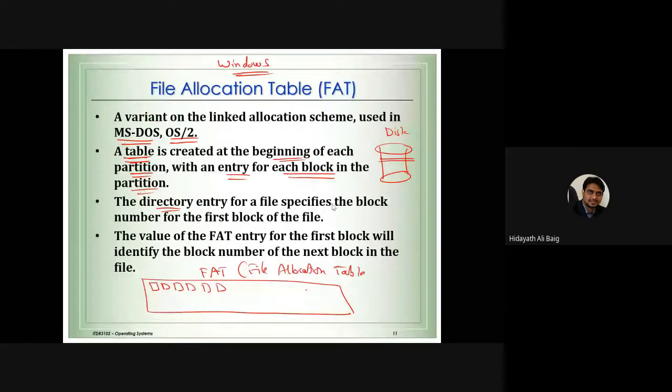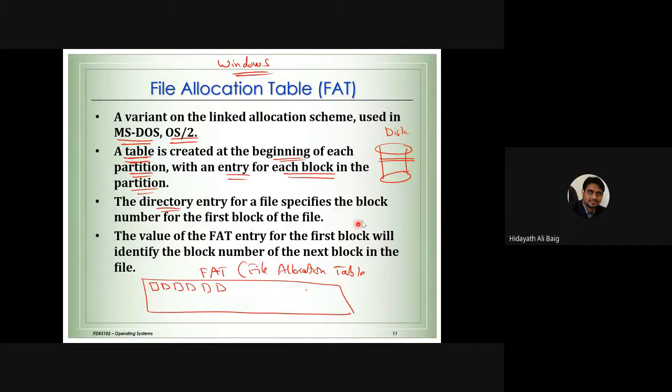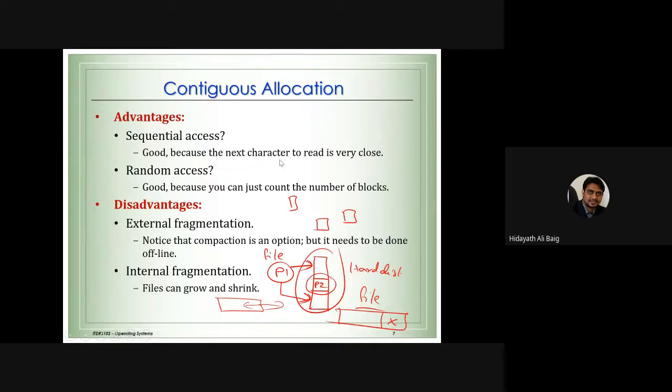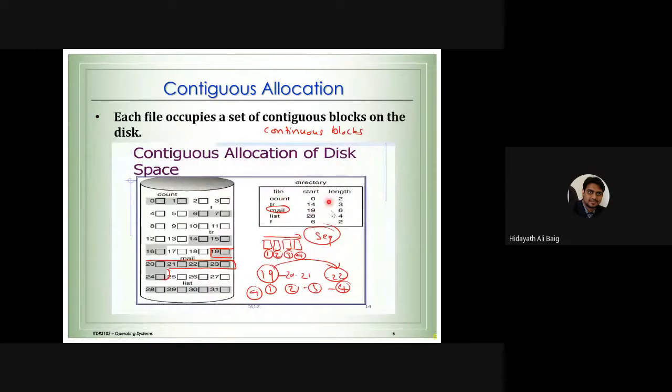The directory entry for the file specifies the block number for the first block of the file, like we have seen in the example here. In the directory for linked allocation, what will be there? Name of the file, the starting block and the ending block. And in contiguous allocation, the name of the file, starting block, and the length of the file.